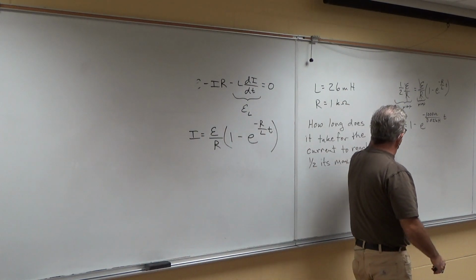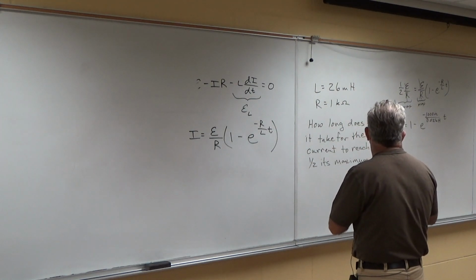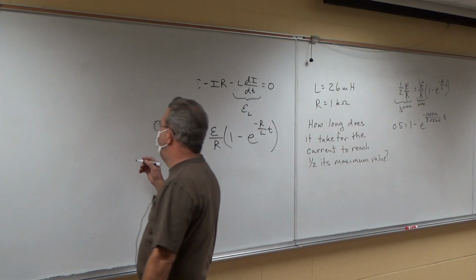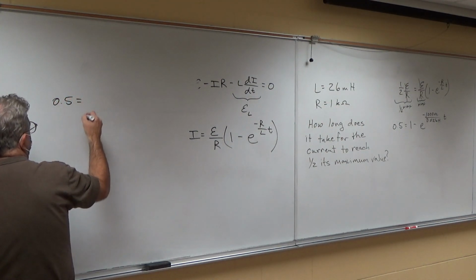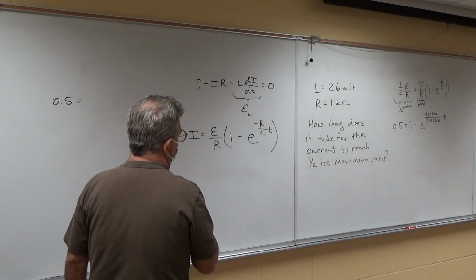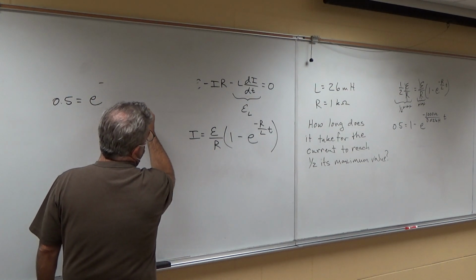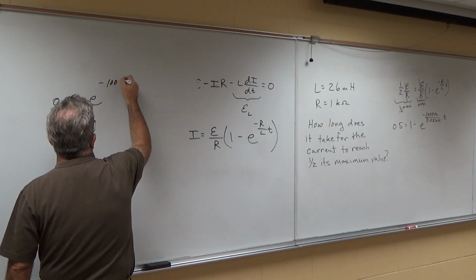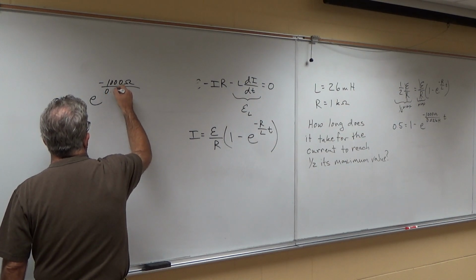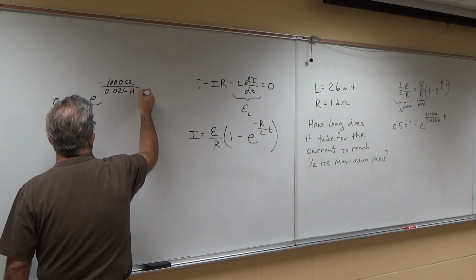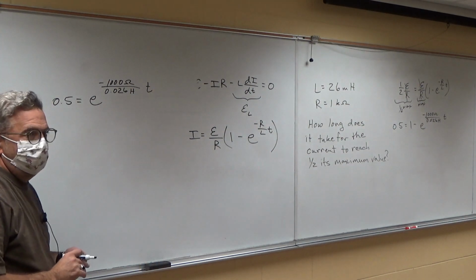I get a negative 1/2. The negatives cancel. So you get 0.5 is equal to e to the minus 1,000 ohms divided by 0.026 henries times t. I could put that as one number, and then that's t.